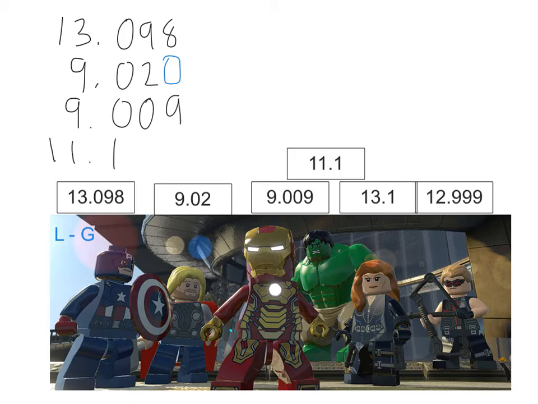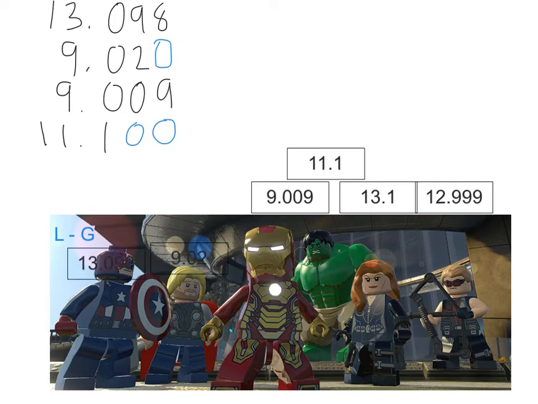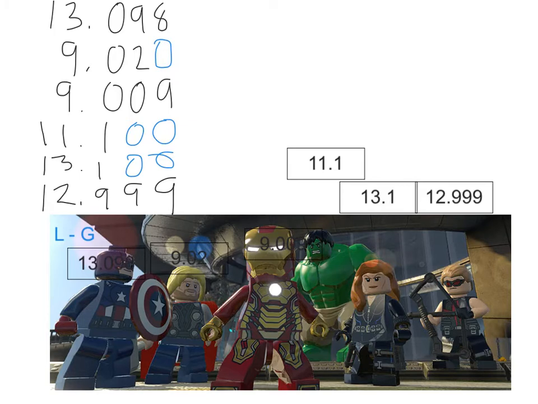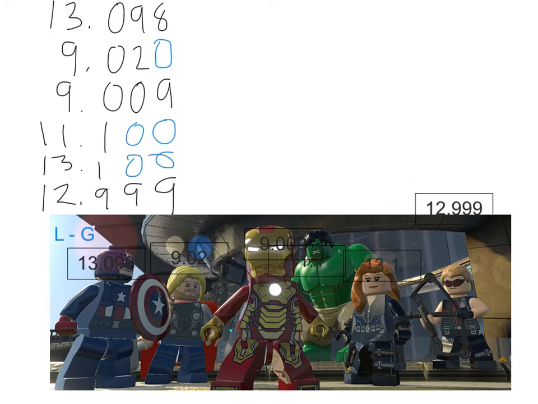I see I need some actual zeros to fill in there. And Black Widow's time was 13.1. And I need my zeros to make sure I have equivalent place values. And then Hawkeye was 12.999. So you see, all the blue zeros are zeros that weren't initially in there, but I added those in to make sure that I had proper place values.